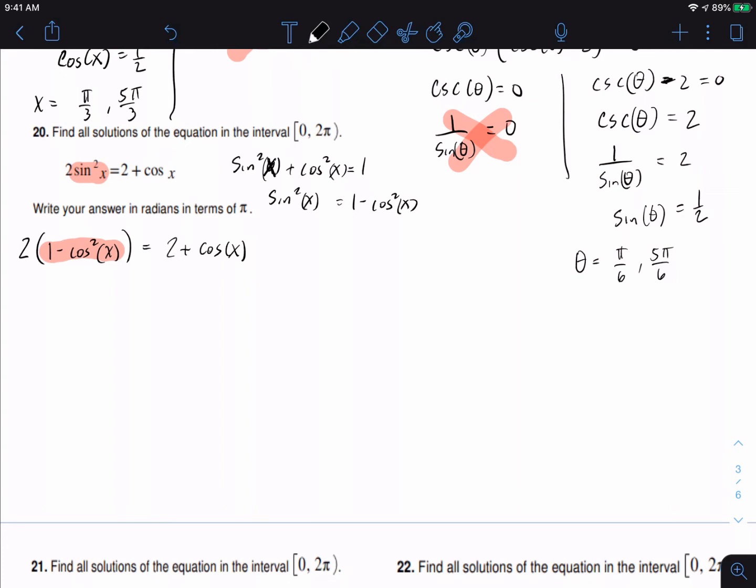So then I'm going to distribute, so I'm going to get 2 minus 2 cosine squared of x is equal to 2 plus cosine of x. And now I want to move everything in a way that it becomes positive. So this is going to become 0 is equal to 2 cosine squared of x plus cosine of x. And then the 2's are going to cancel each other, correct?